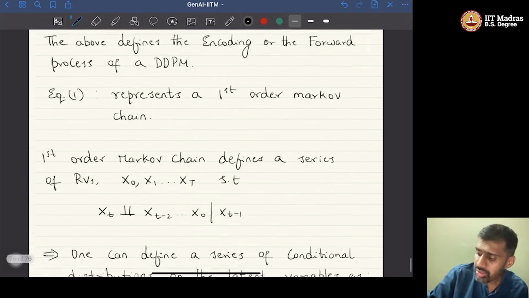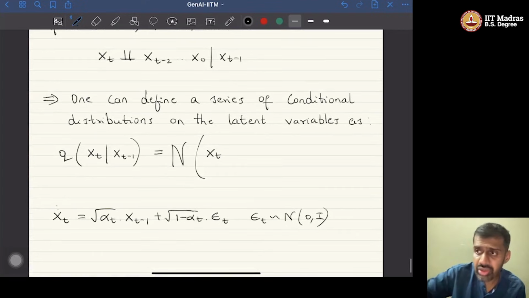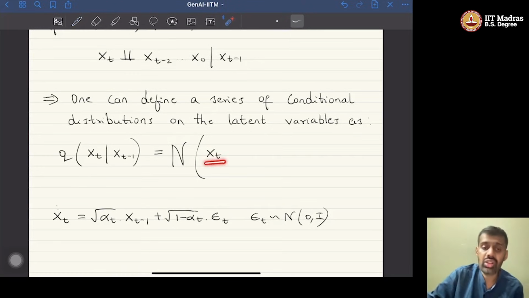Now these distributions are Gaussian distributions at the tth random variable. I was just saying that xt denotes the tth random variable in the Markov chain, or the tth latent space, or the data variable that you get after adding noise for t number of steps. What is the mean of this?